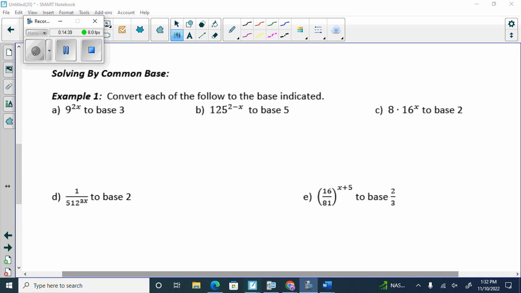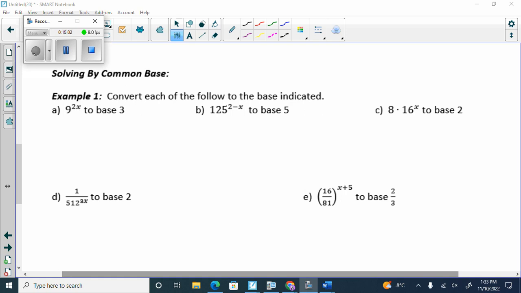Okay, we have 9 to the 2x to base 3. So we have a 9 and we need it to be base 3. So it's base 9 currently. When you have a number to an exponent, that is the base, then to the exponent. We were talking about that in grade 10. So we're halfway down the page on the back side. So it says 9 to the 2x to base 3.